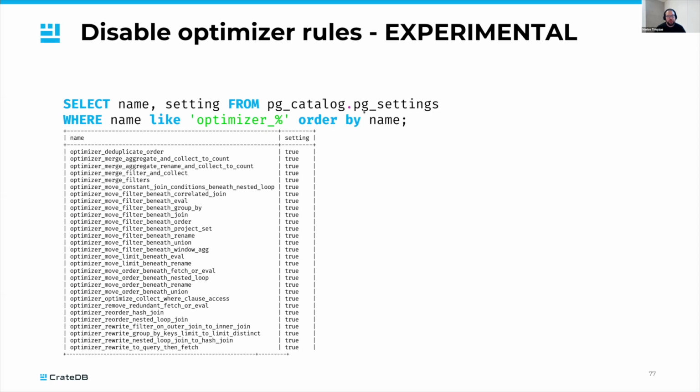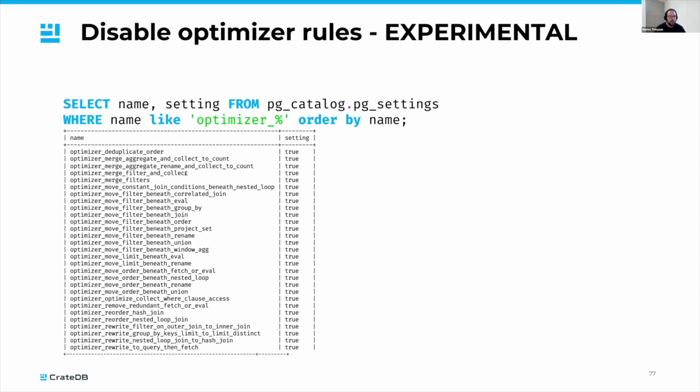With this query from the PG catalog table, you can see all the different optimizer rules that can be applied in your query. So these are all applied transparently to you before you get back an execution logical plan when you use the explain keyword.